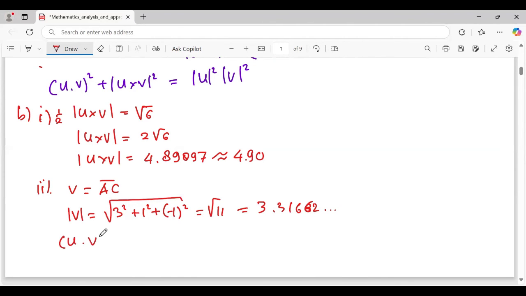Based on our result at part A, u dot phi squared plus modulus u times phi squared equals modulus u squared times modulus phi squared.